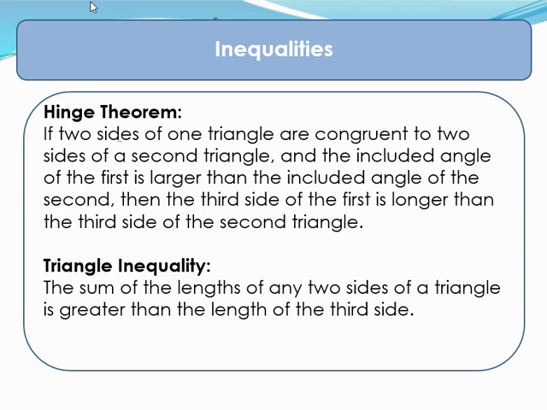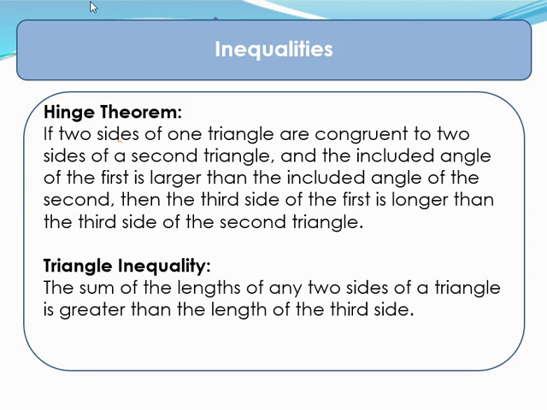The last two theorems you need to be responsible for. The hinge theorem: if two sides of one triangle are congruent to two sides of a second, and the included angle of the first is larger than the included angle of the second, then the third side of the first is longer than the third side of the second triangle.